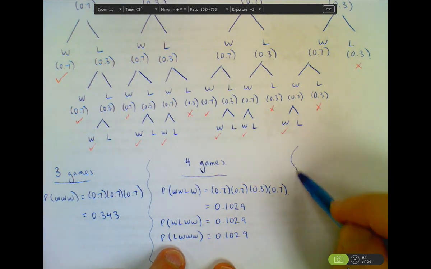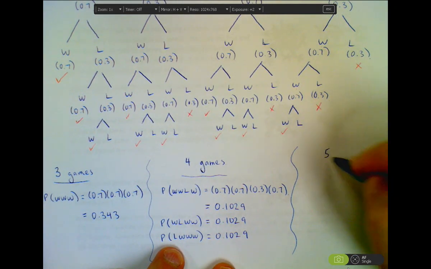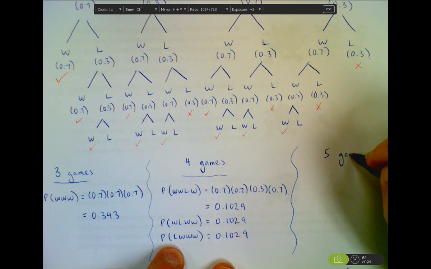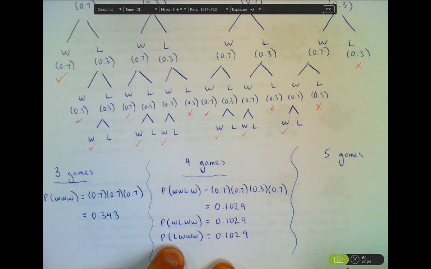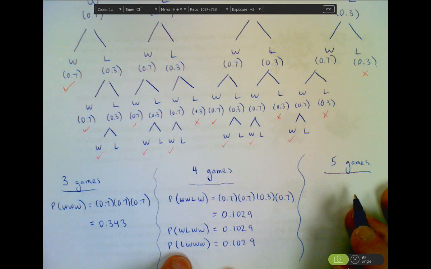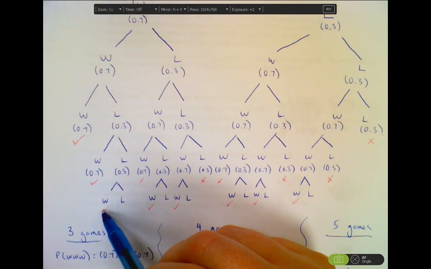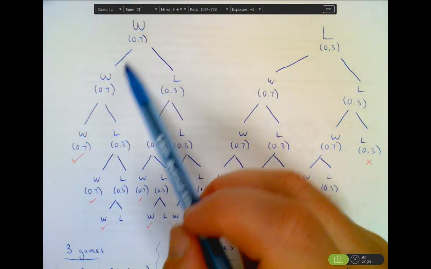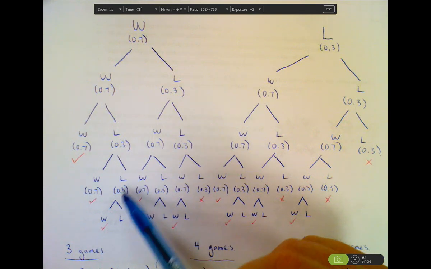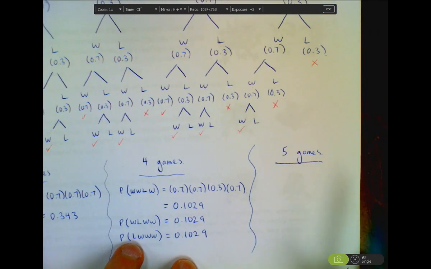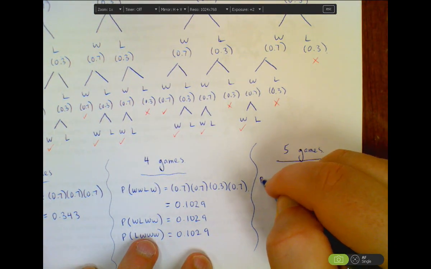Lastly, let's look at 5 games. Might have to squeeze this in a little bit. So for 5 games, the first way to win in 5 games, starting left to right, would be win, win, loss, loss, win. So that'd be losing the 3rd and 4th games.